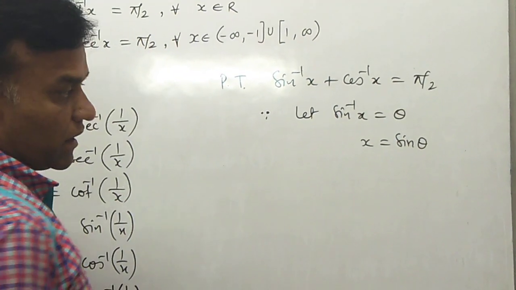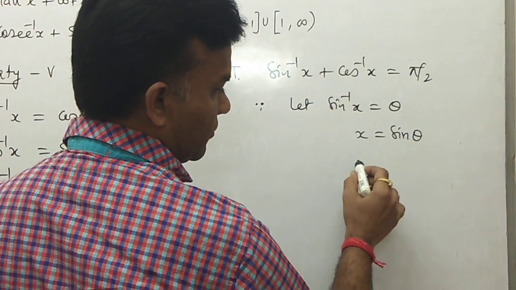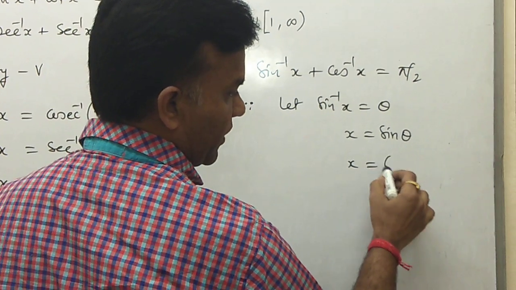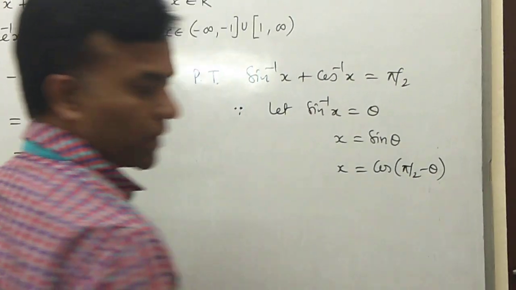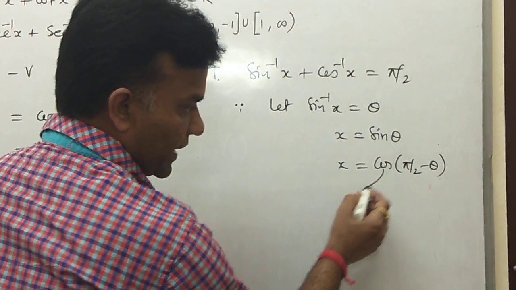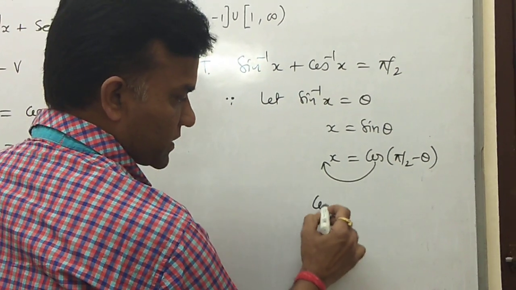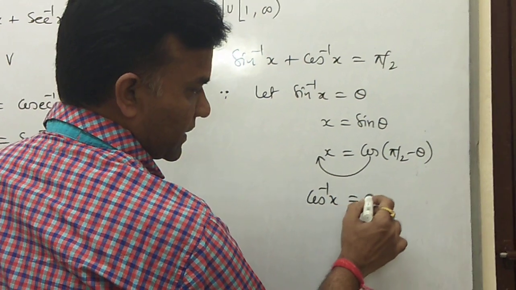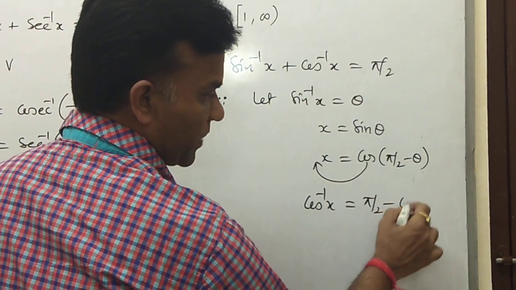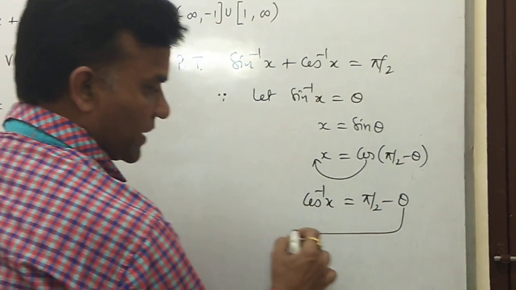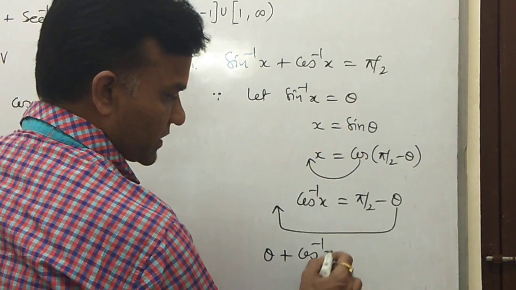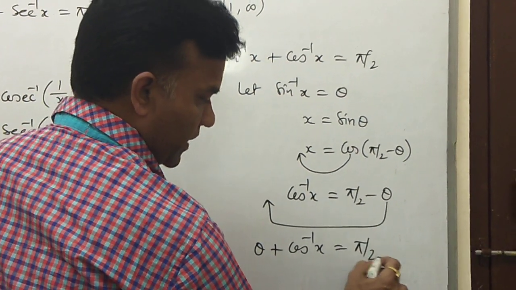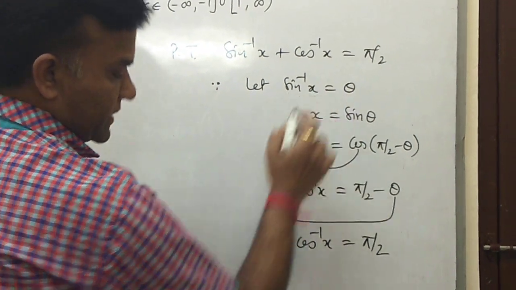Then we convert this sine into the complementary angle form, cos of (pi/2 minus theta). So cos inverse x equals pi/2 minus theta. Now moving minus theta across, theta plus cos inverse x equals pi/2. And what is theta? We know that theta is sine inverse x.